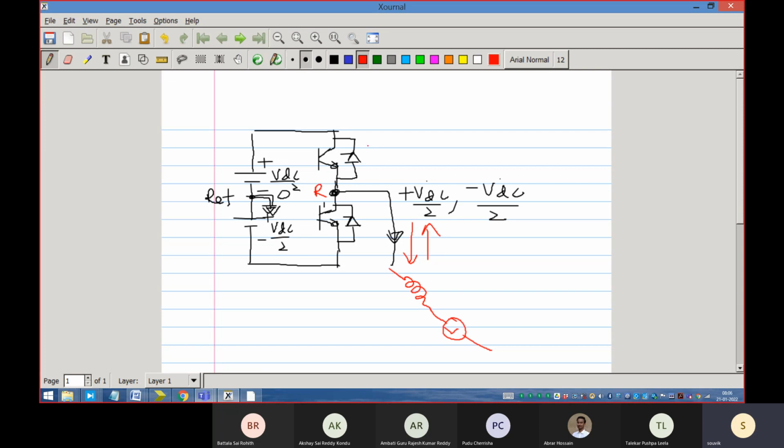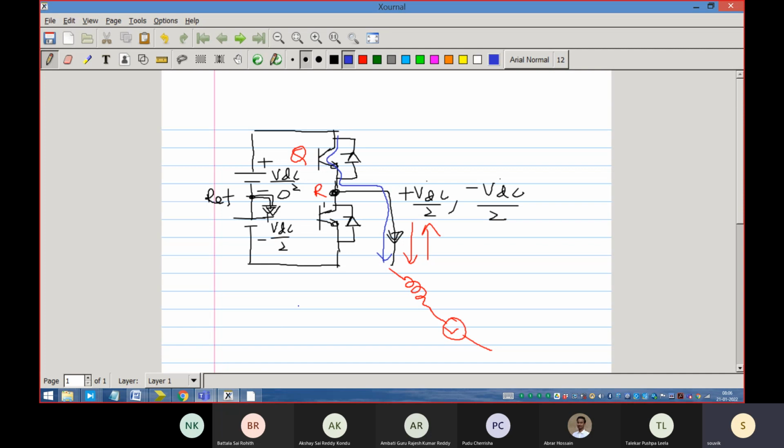So you see, when the switch Q is on and the current is positive, the current flow would be through this path, like this. When Q is on and the current through the machine is positive, then a positive current is flowing through the actual IGBT.